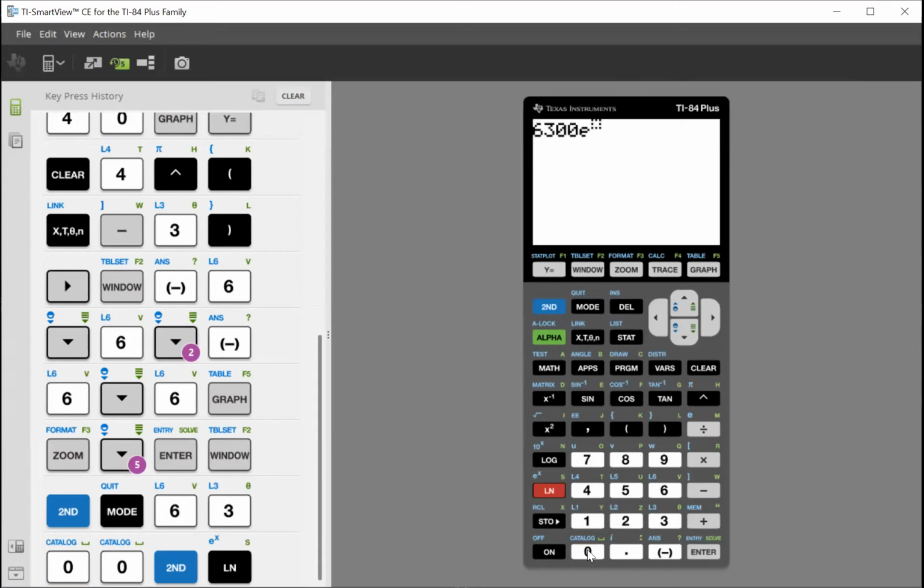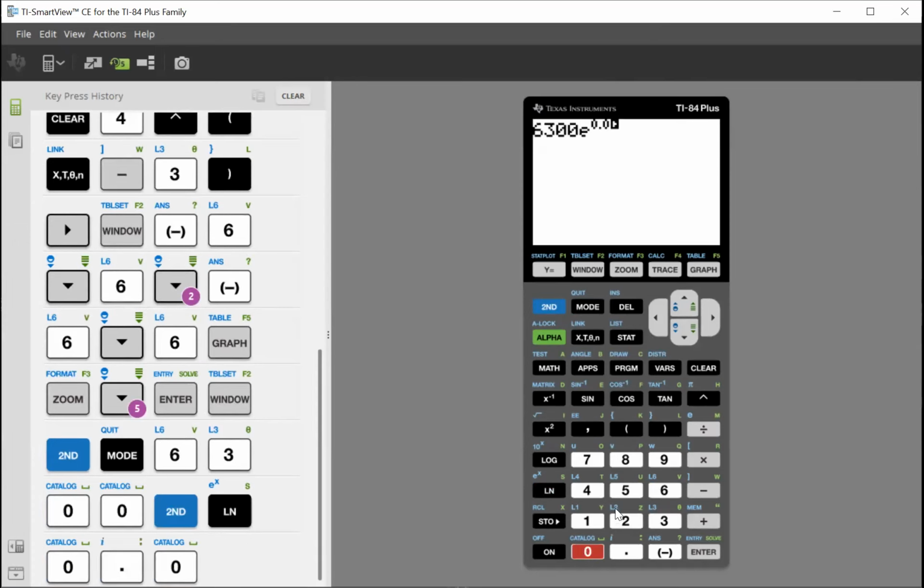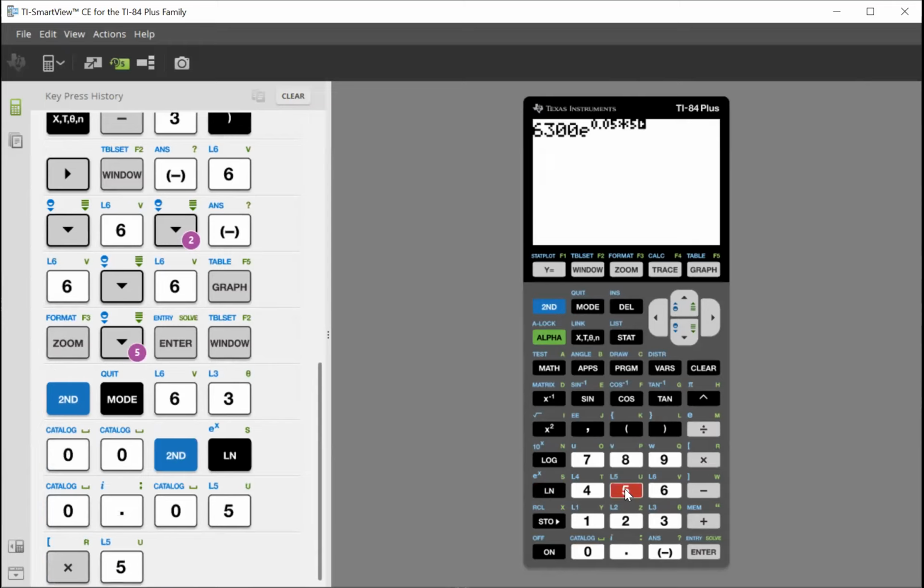So we had 0.05 times 5 years, or you can use parentheses at that point. So y'all, let's hit enter. We're rounding it to the nearest book, so no decimals. So that'd be 8,089.